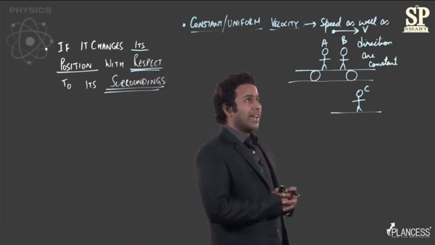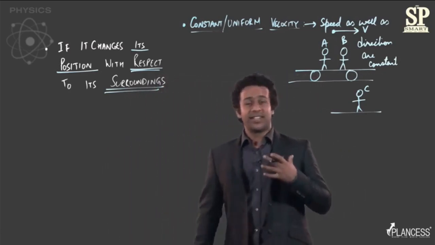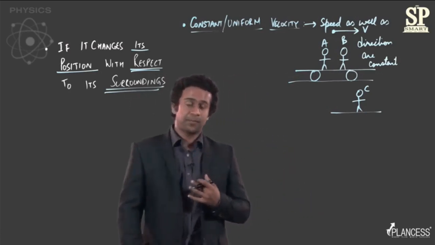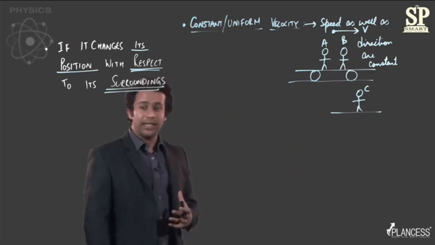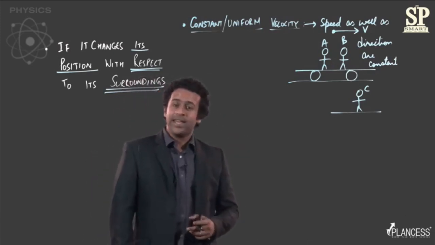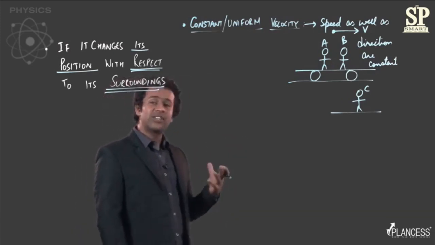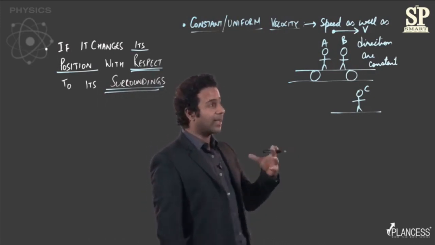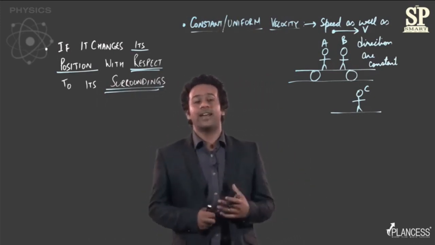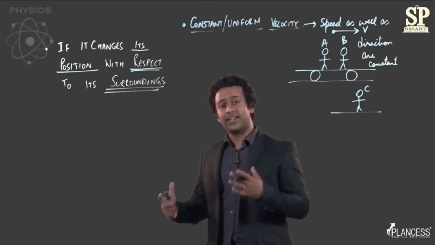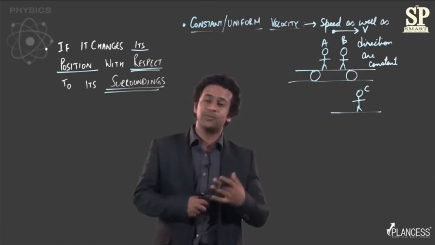Now, let's think of a discussion between A and C. When A talks to C about what B is doing, he tells C that B is not moving. You can think about this. If you and your friend are sitting in a bus or moving in a train, you don't see your friend as moving, right?